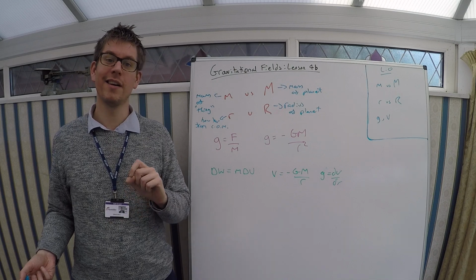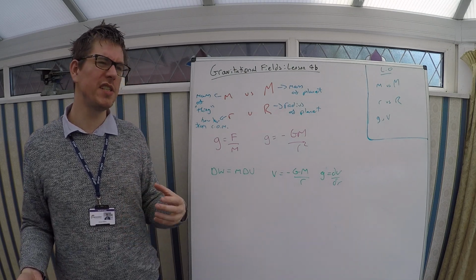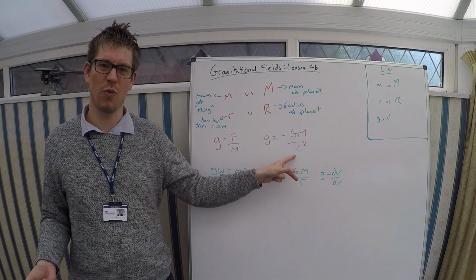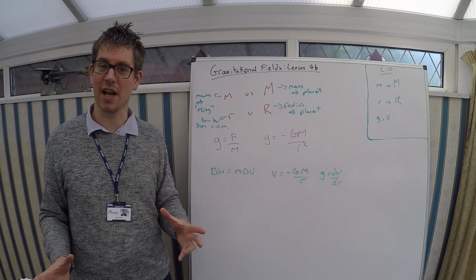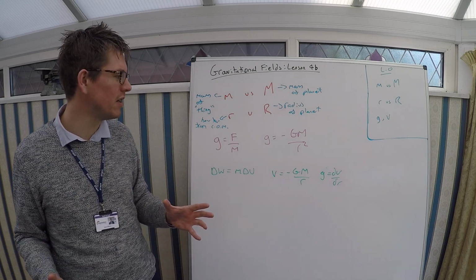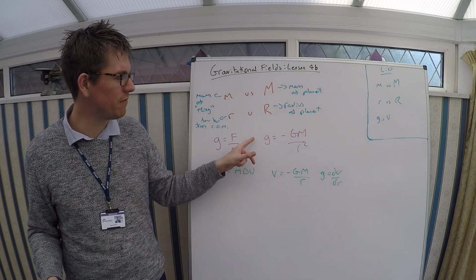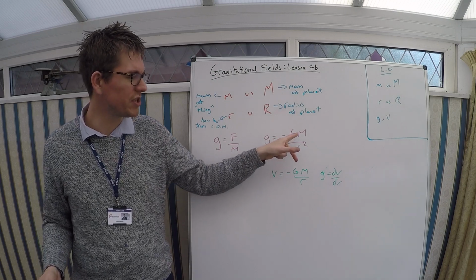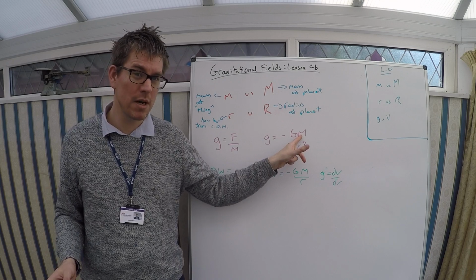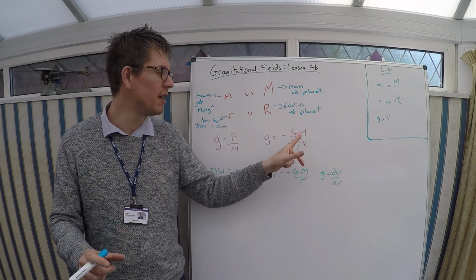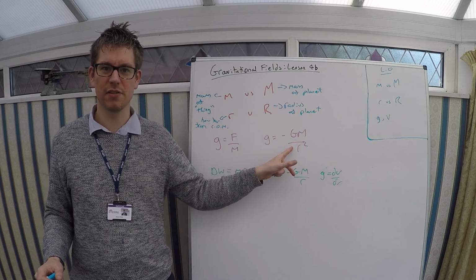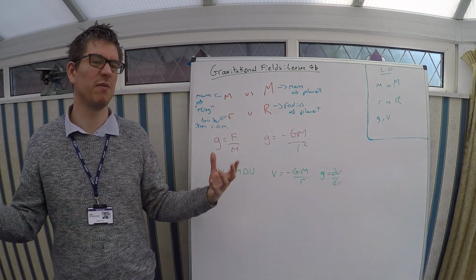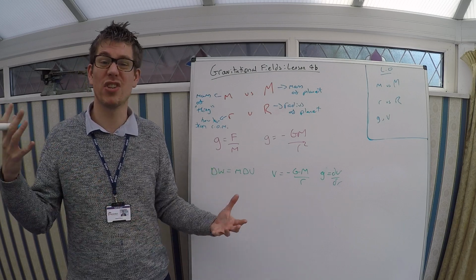However, you might want to say, well, what is the gravitational field strength a kilometre away from the Earth? And it turns out we can work that out. All we do is we say the gravitational field strength is equal to minus gravitational constant times big M, mass of the Earth, divided by distance from the centre of the Earth squared. Now if we're talking about big distances, we can just take it from the surface of the Earth because there isn't going to be much difference there.